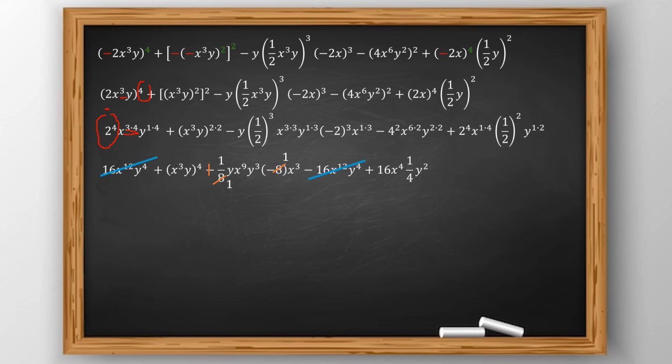There are some opposite terms, so we can simply cancel them out. And the expression is much, much easier. There is some simplification, though, we can do. And now we see that we have reduced that monomial to normal form.